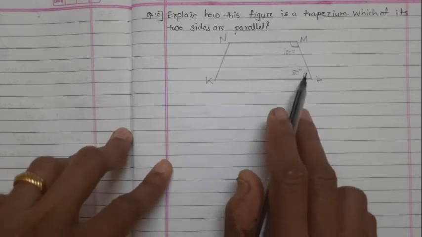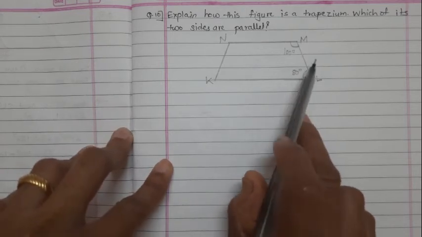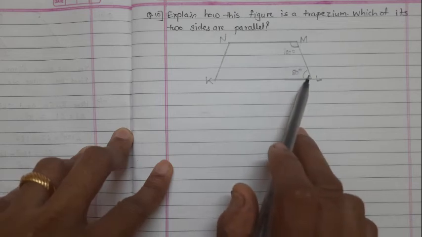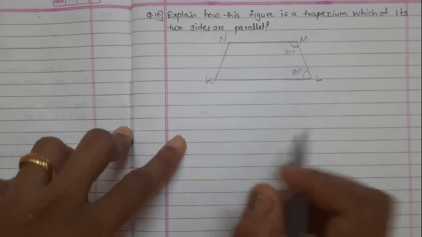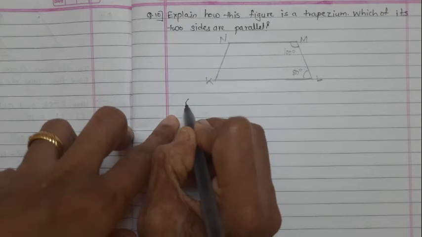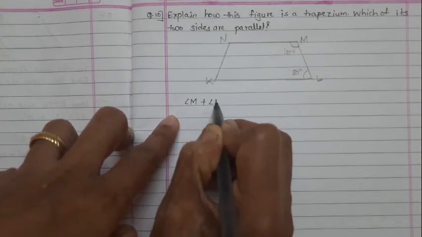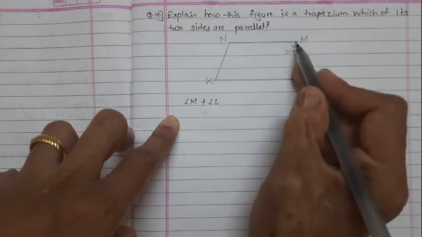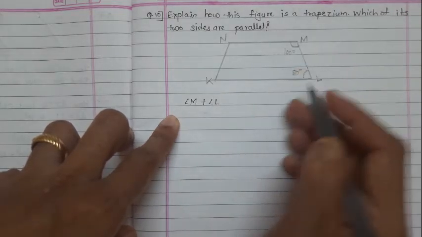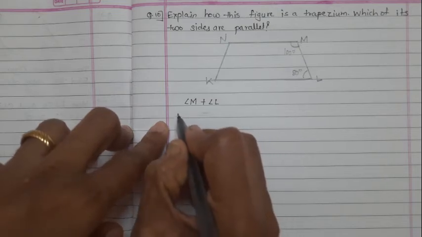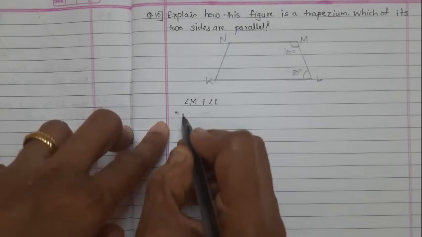Now if you see what is given, measure of angle M is given and measure of angle L is given. If you take angle M plus angle L, these are adjacent angles. Now we will find the sum of these both angles.